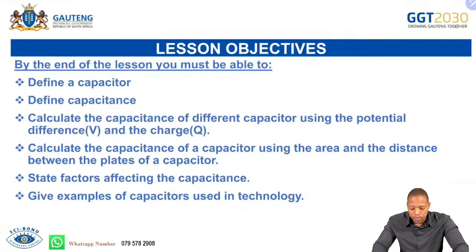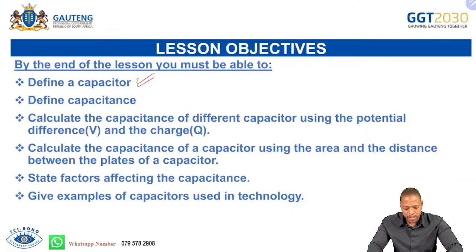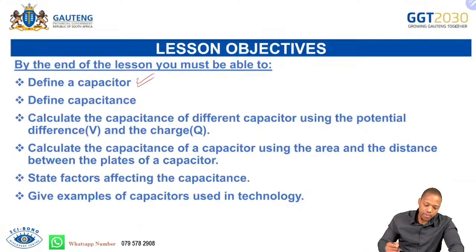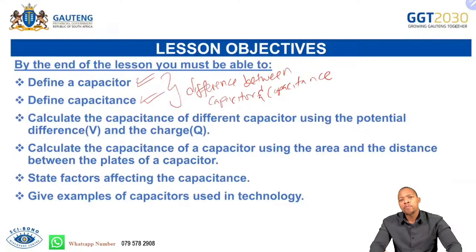Our lesson objectives for the day are that by the end of the lesson, we want to be able to define a capacitor. We want to be able to define capacitance, and we want to know the difference between the two. One is a device, the other is a concept, an idea.